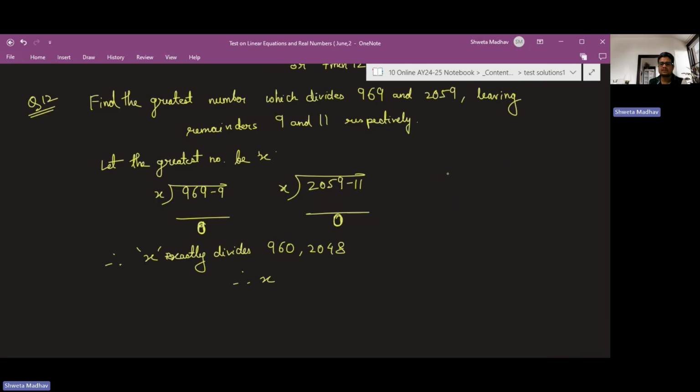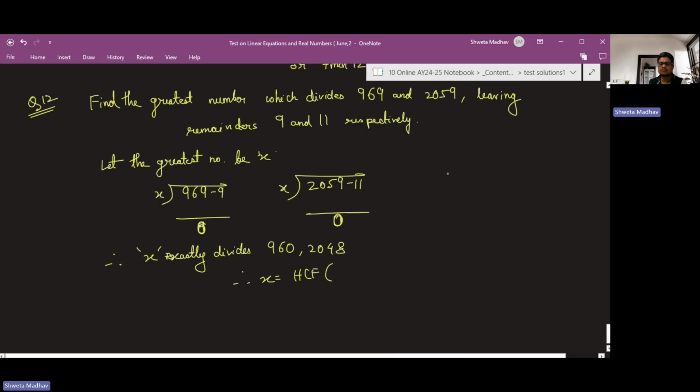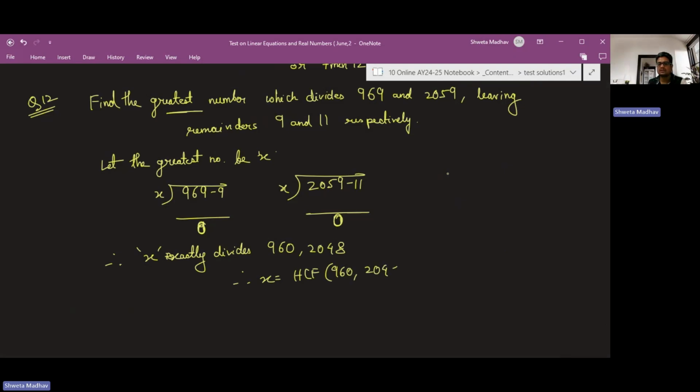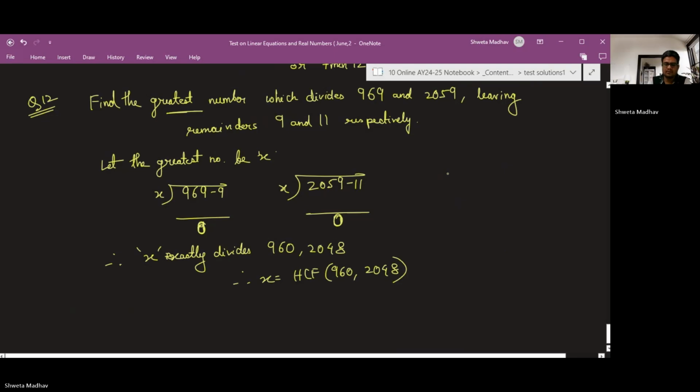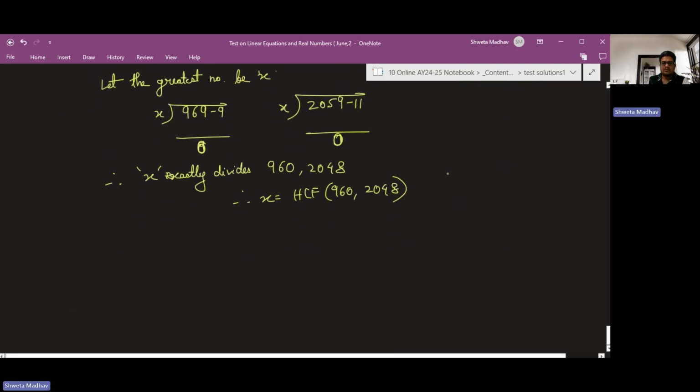Since we want the greatest one, x should be the highest common factor of 960 and 2048. So now we have to take their HCF.